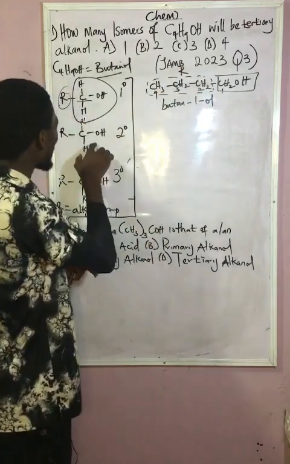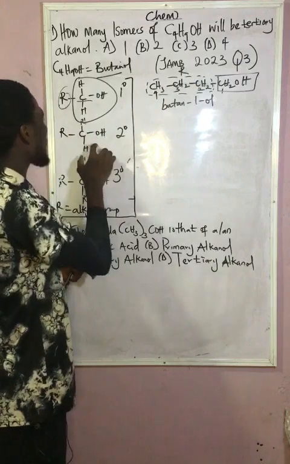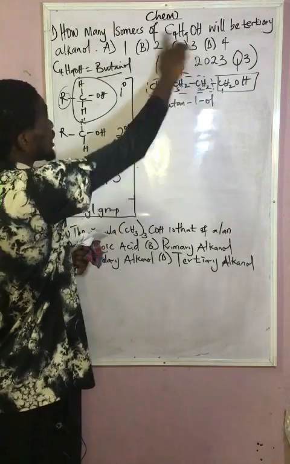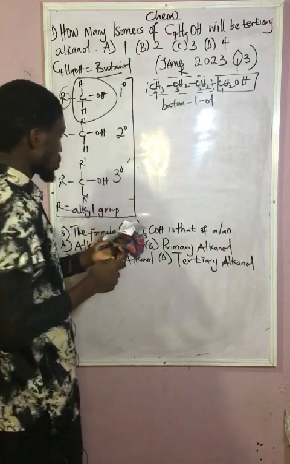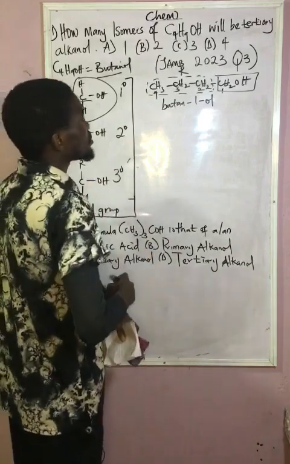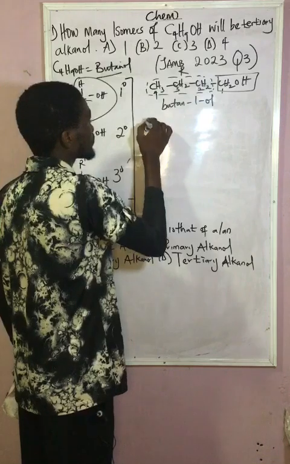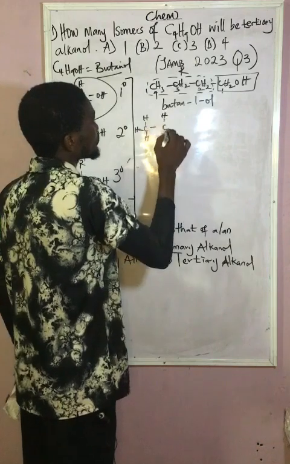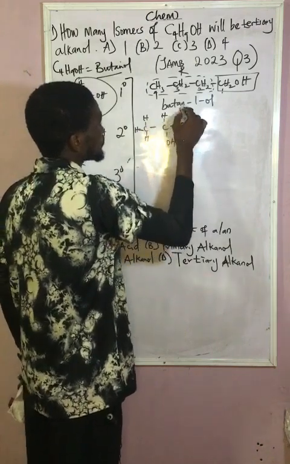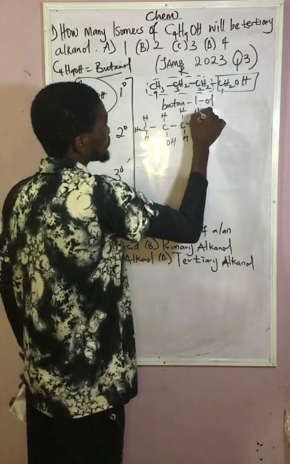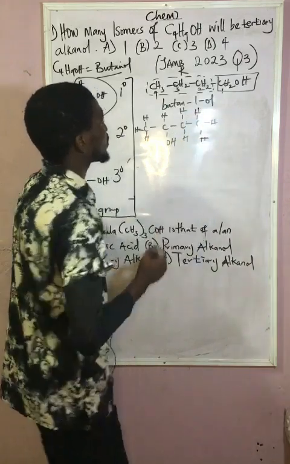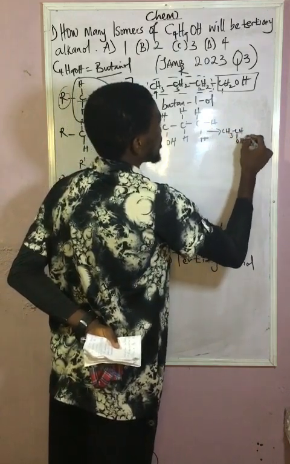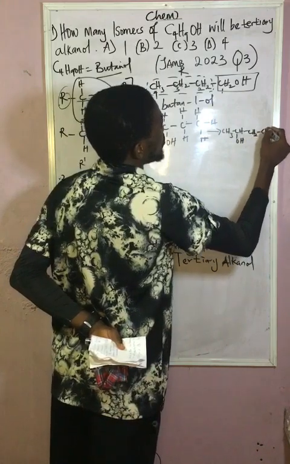So the next one is secondary. Let's see if we can have a secondary alcohol from the compound given to us. So we have this C, so this arrow goes to CH3, CHOH, CH2, CH3.